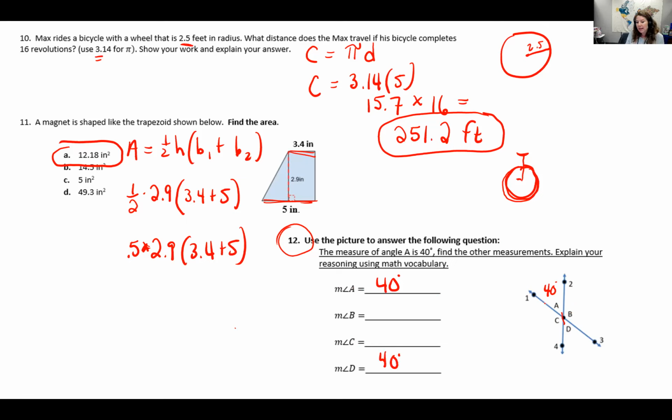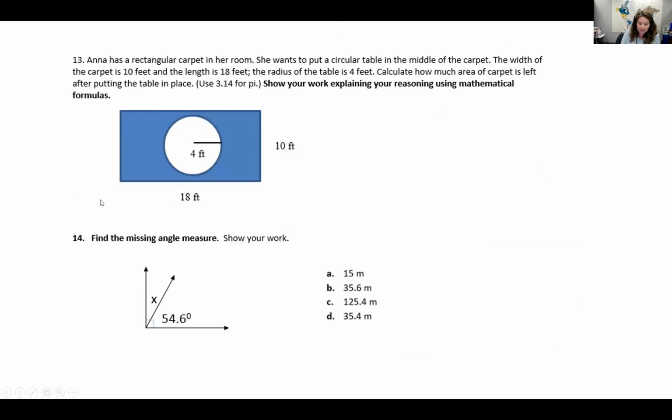And then we have these supplementary angles. So together, A plus B is 180. So if I subtract 40 from 180, I get 140. So if angle B is 140, the vertical angle C is also 140 degrees. I hope you understand.